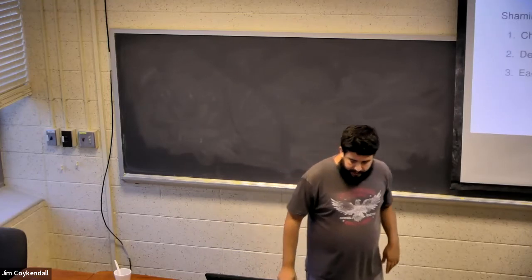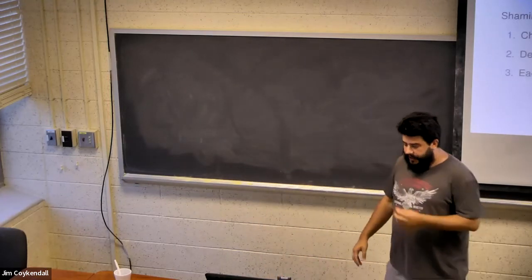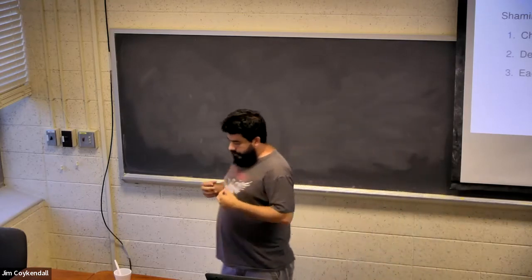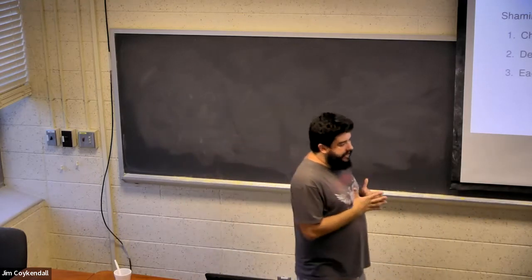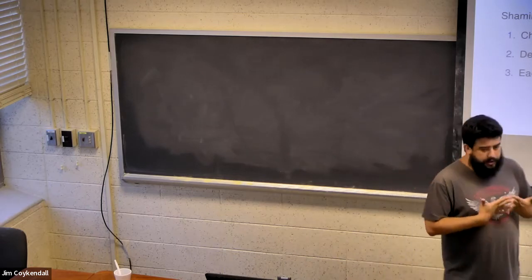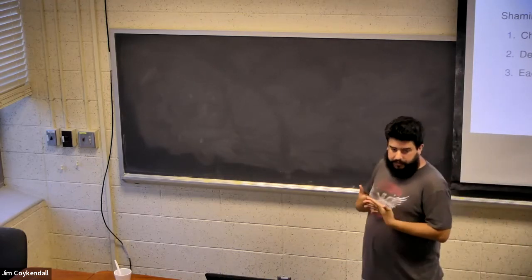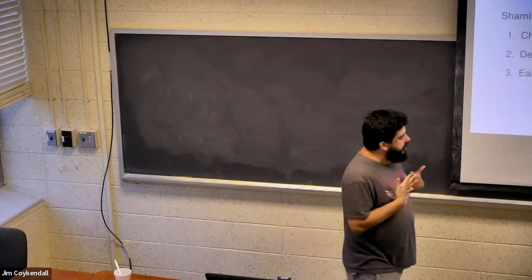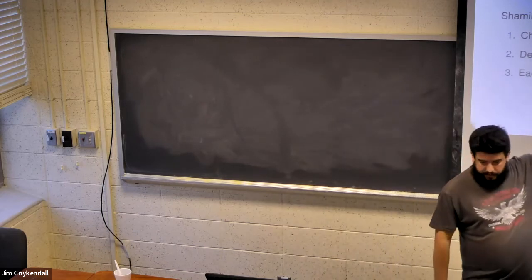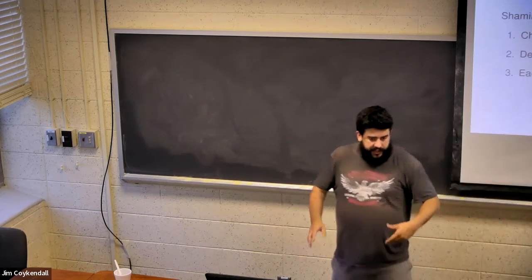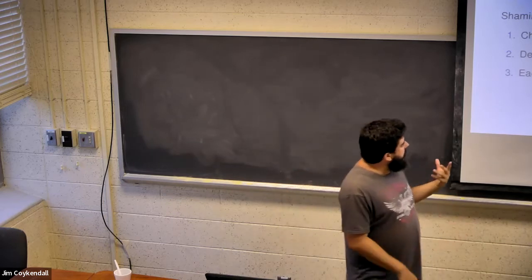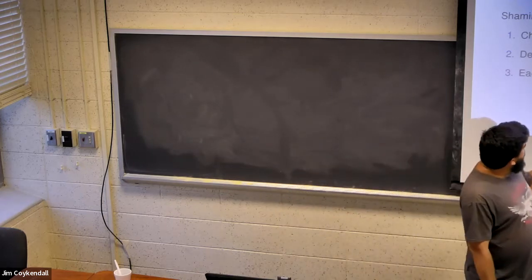So back to secret sharing. You could take the idea we were talking about of the quadratic polynomial, but instead of doing it over the real numbers, you do it over Z7, or F7, which is just integers mod 7.